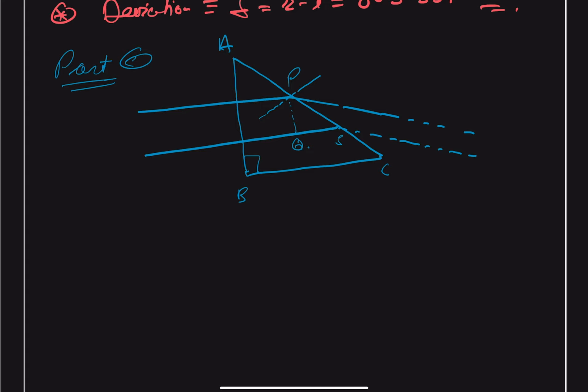Let us suppose this is our S, and if we draw a perpendicular here, this will be our R. And we have our angle of incidence, and this will be our angle of refraction. And we have to remember that only lambda 2, which was our 5000 angstrom, is coming out.